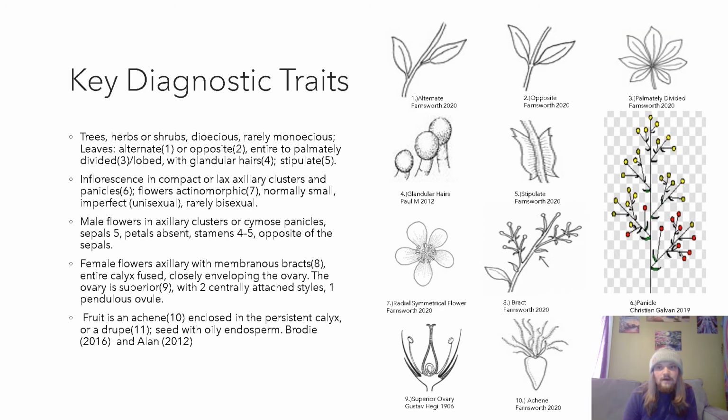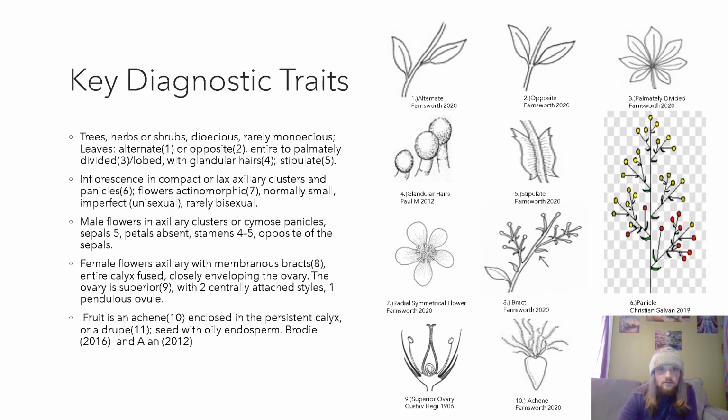Palmate in general means all the leaflets originate from one single place. And if it's lobed, it just means the leaves are lobed instead of entire. And they're with glandular hairs, which are essentially trichomes.